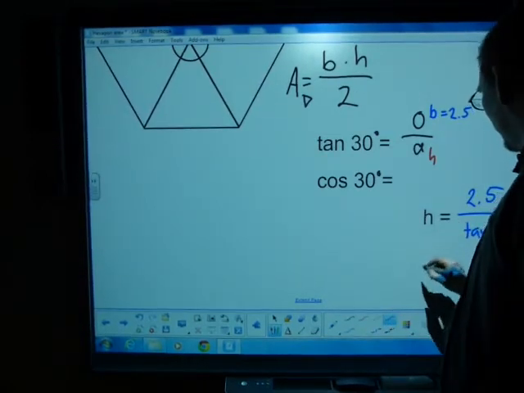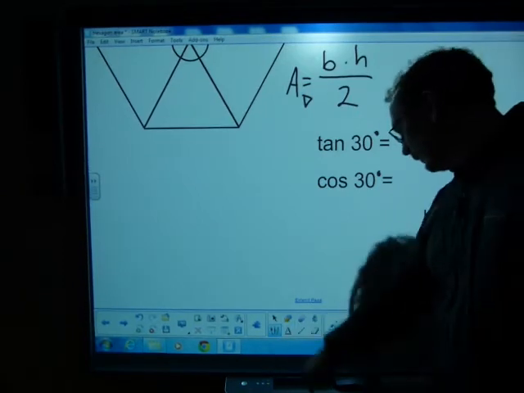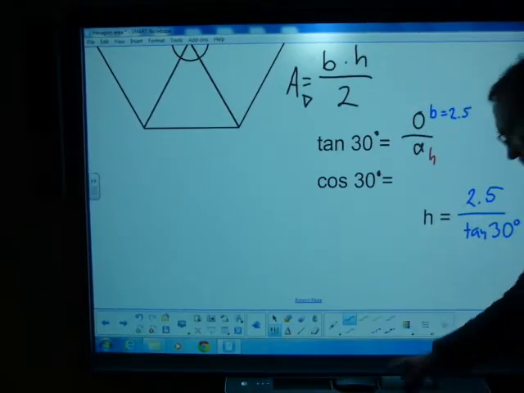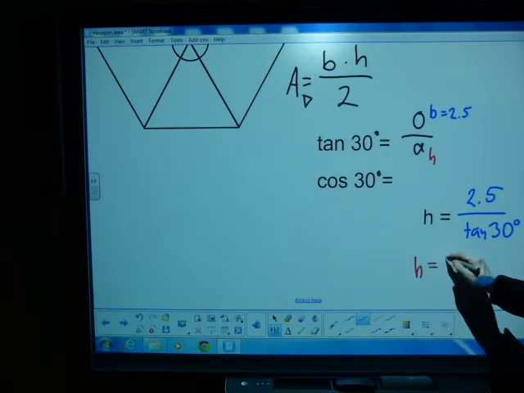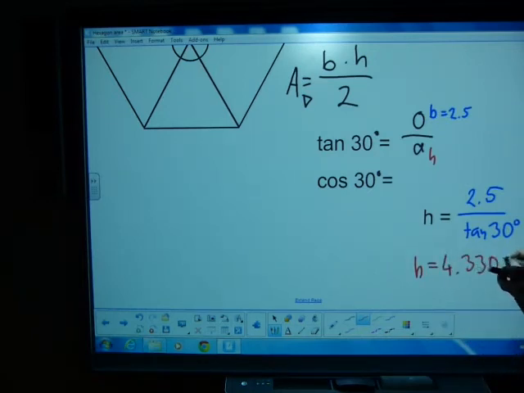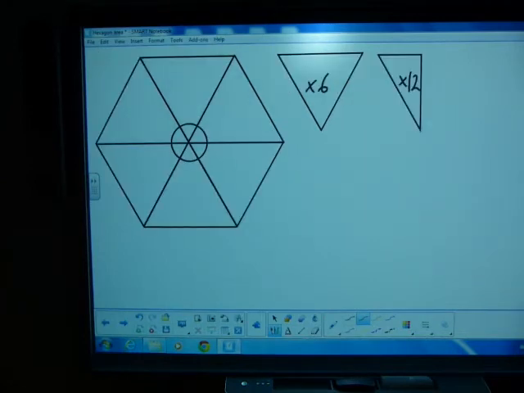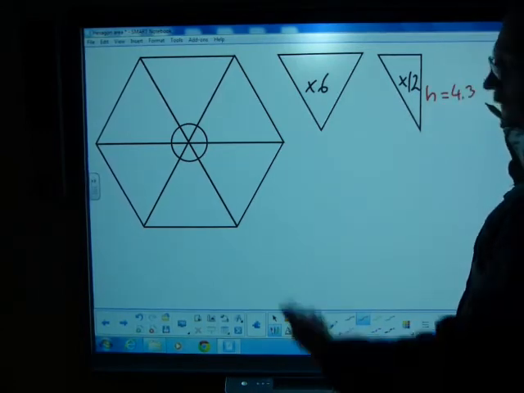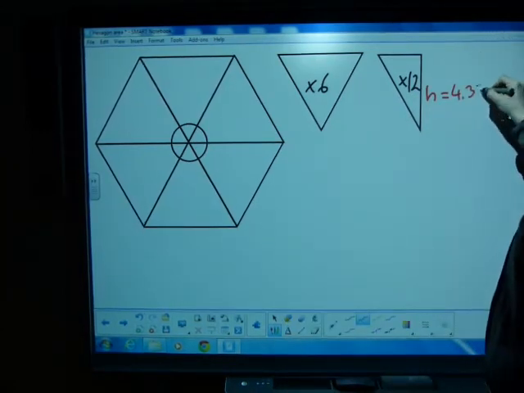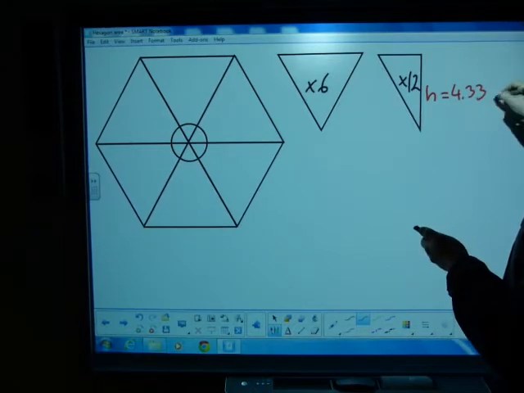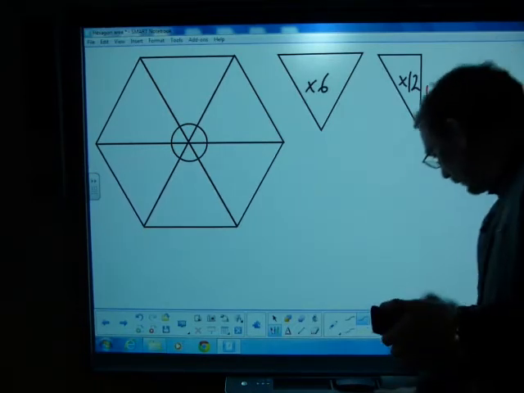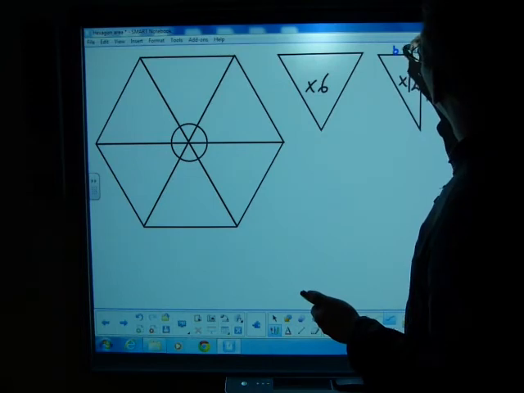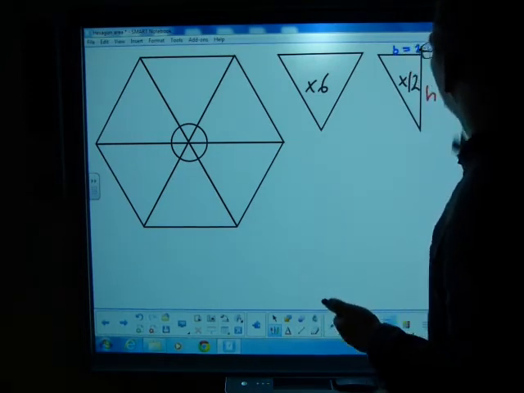I'm just going to write it down that this height is 4.33012, and there's more digits to it. So this height here is 4.33012, and this base here was 2.5.